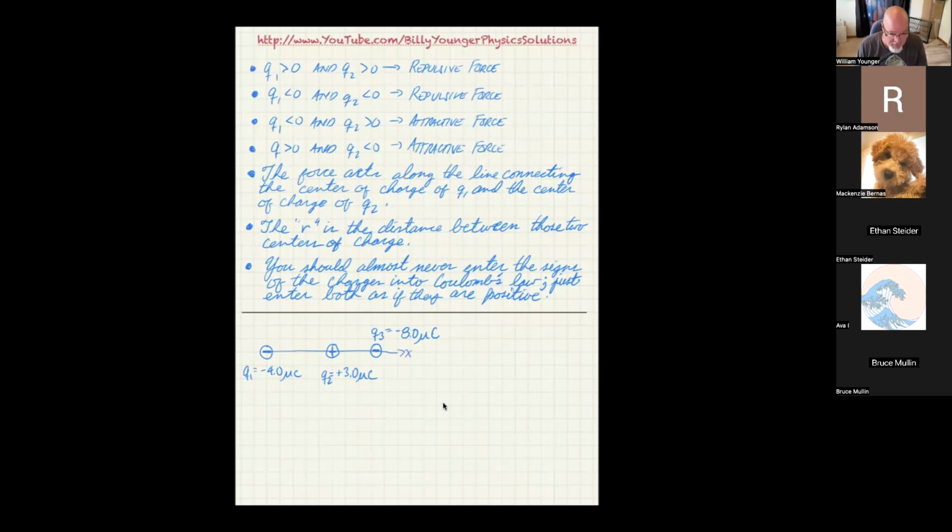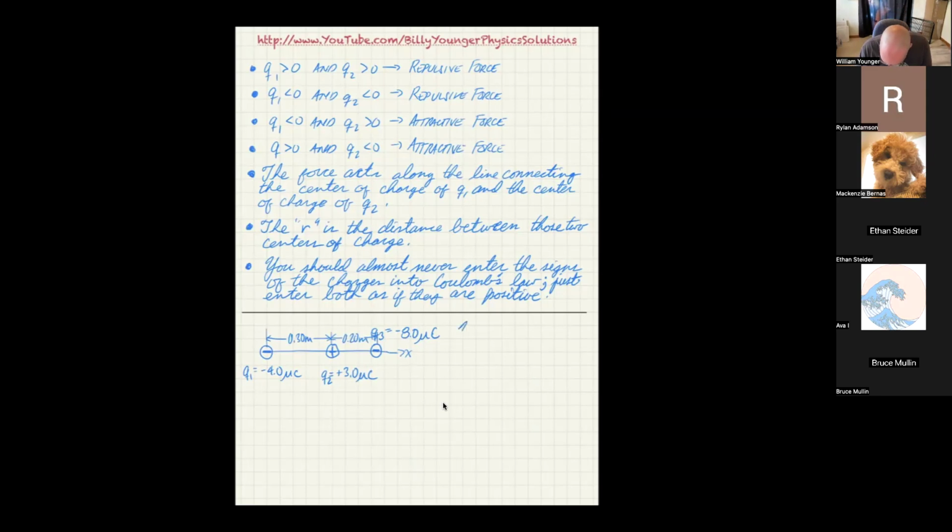It could be any axis we want. These charges are point charges, and there are 0.30 meters between Q1 and Q2, and between Q2 and Q3 is 0.20 meters. What I would like to do is calculate the net electrostatic force on particle 3.